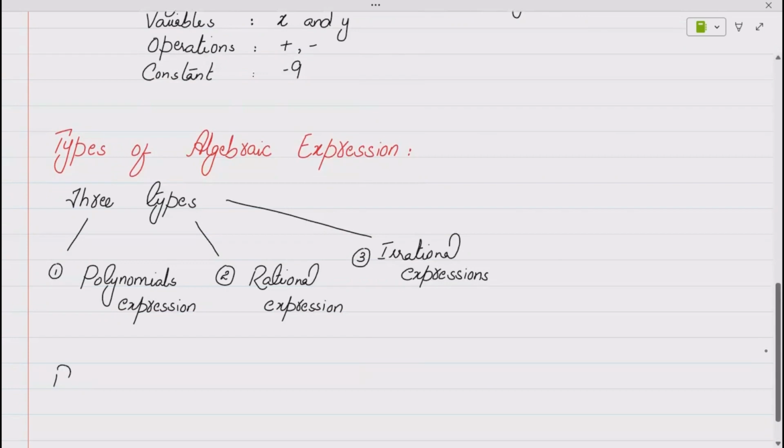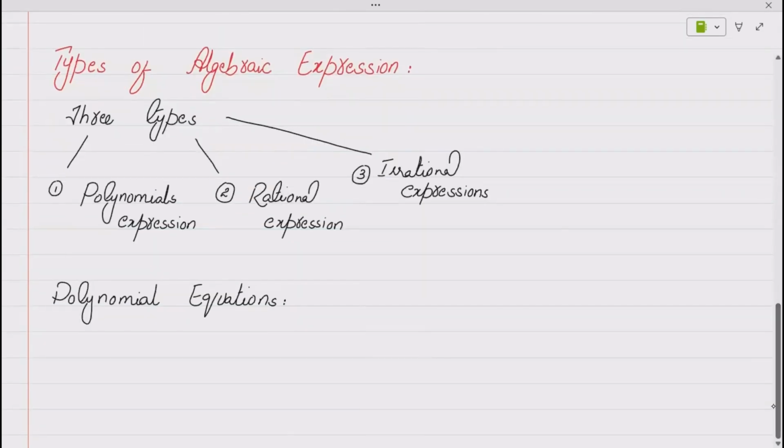So first, let's see what polynomial expressions are. Polynomial expressions are those which can be written like this: a_n x^n plus a_(n-1) x^(n-1) plus a_(n-2) x^(n-2) and so on, plus a_1 x plus a_0.